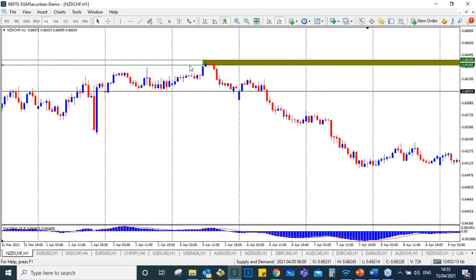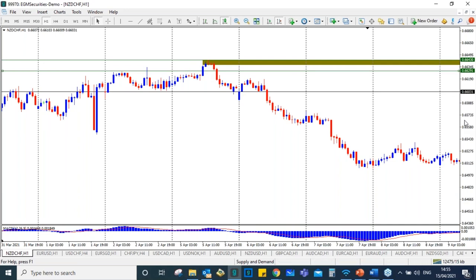So we would place this line, which you are calling the proximal line, based on the lowest level of the basing candlesticks. When you talk about basing candlesticks, we are talking about this red candlestick and this one. So these are our two basing candlesticks.